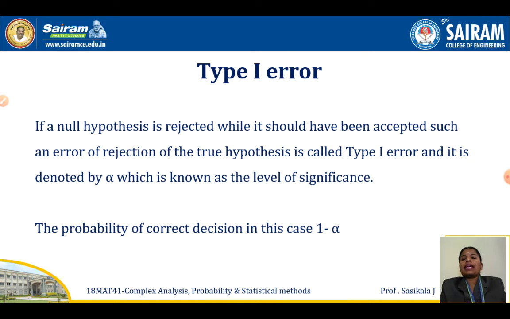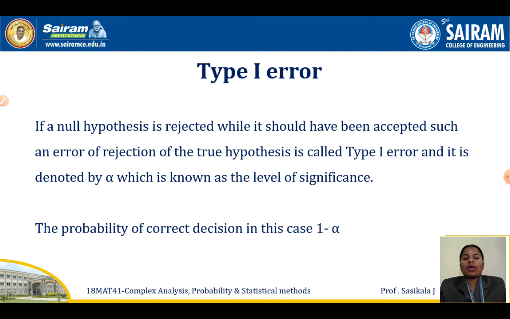If a null hypothesis is rejected while it should have been accepted, such an error of rejection of the true hypothesis is called type 1 error and is denoted by alpha, which is known as the level of significance. The probability of a correct decision in this case is 1 minus alpha.